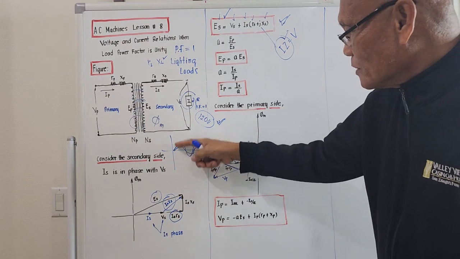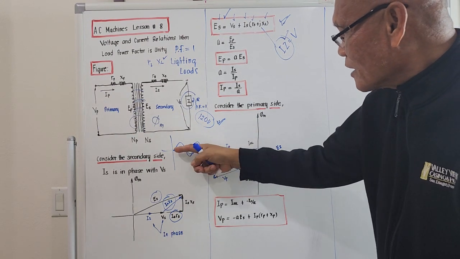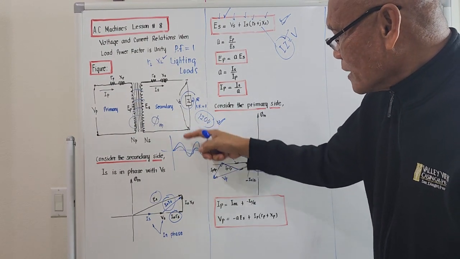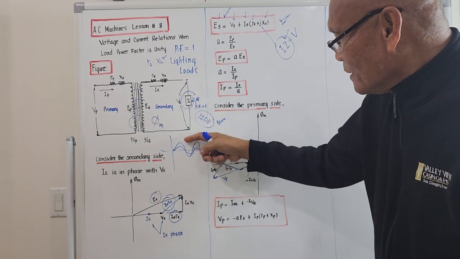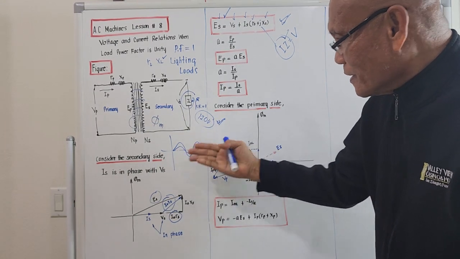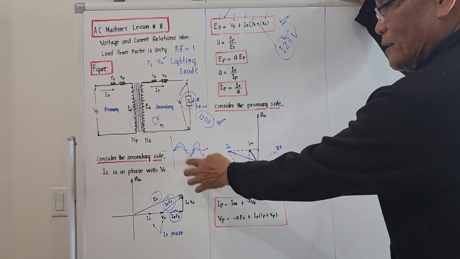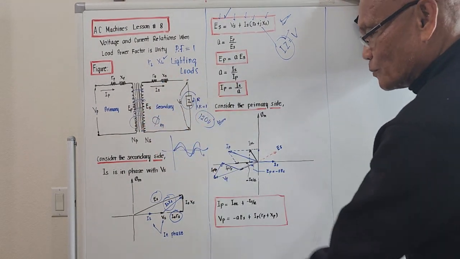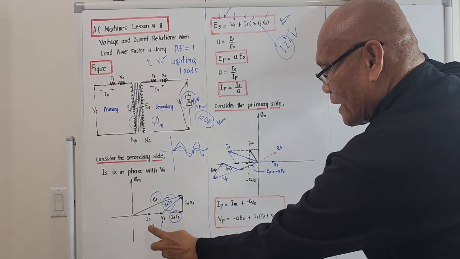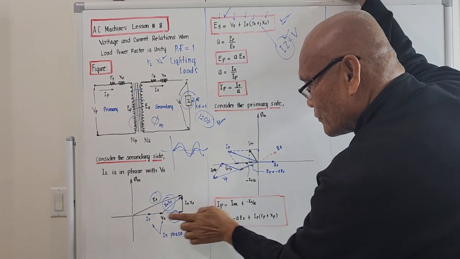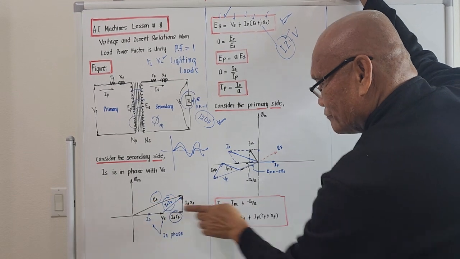This should be the voltage and this should be the current. They are in phase. When the voltage goes up, the current goes up. When the voltage goes down, the current goes down. But vectorially speaking, this should be the representation. IS and BS are in phase, in the same direction.